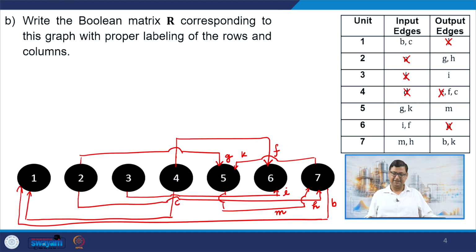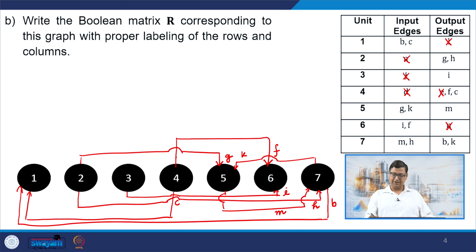We can quickly check it. So, for 1, the input edges are B and C, which is coming here. For 2, there is no input edge, there are output edges G and H going to 5 and 7 respectively. For 3, there is an output as I going to 6.